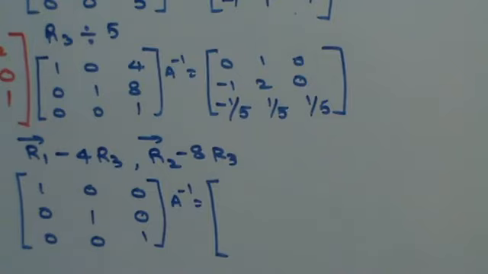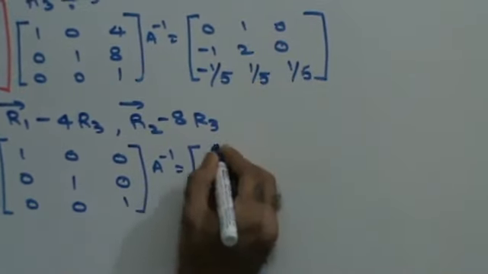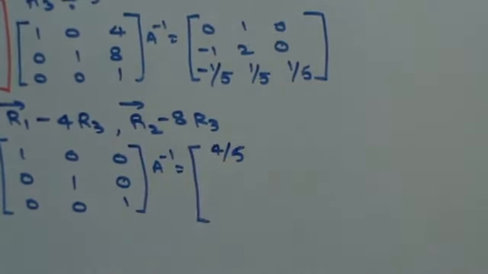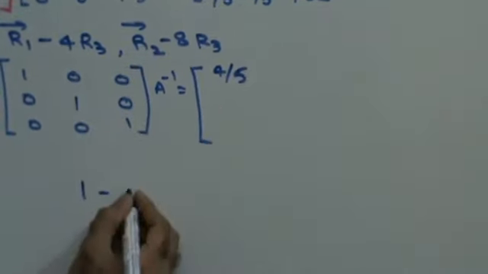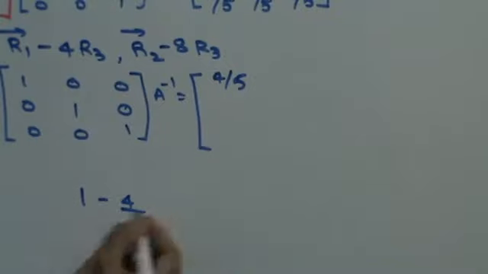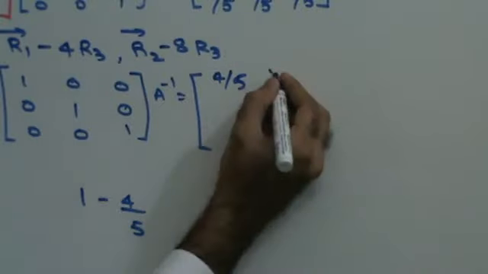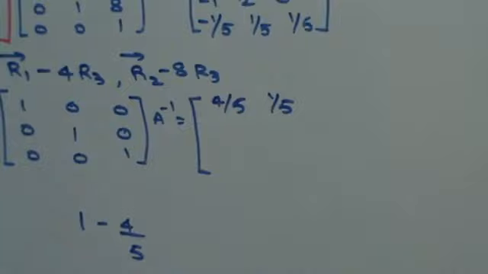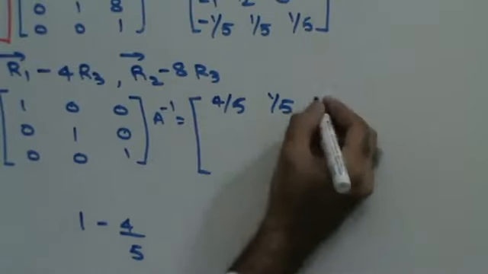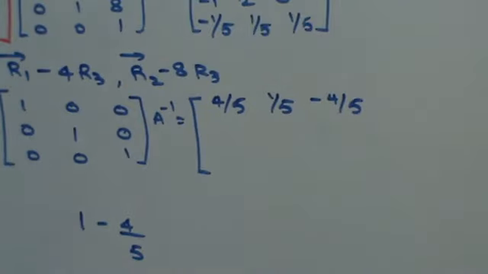Minus into minus is plus 4 by 5. Right? We do the working note down for the next one. 1 minus 4 by 5. That's 5 minus 4 by 5. That's 1 by 5. 0 minus 4 by 5. That's minus 4 by 5.